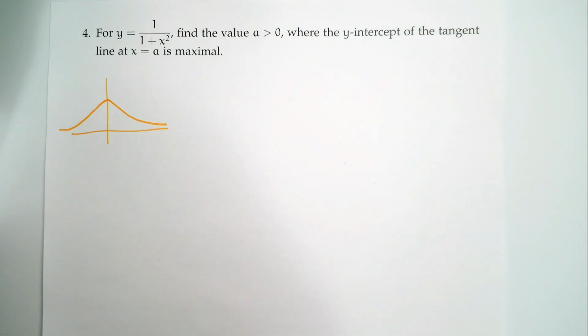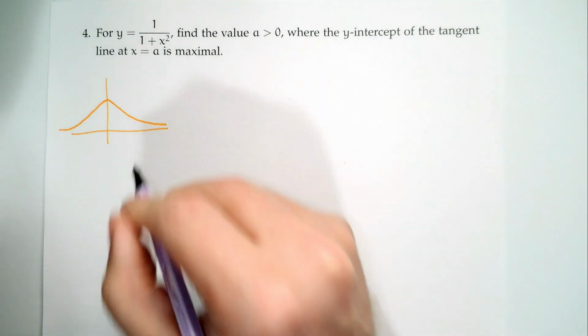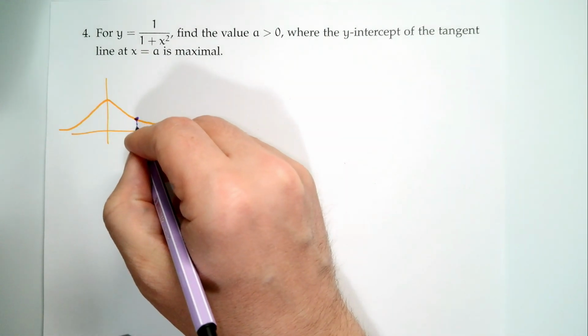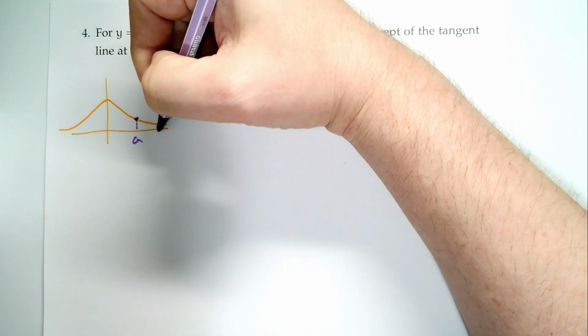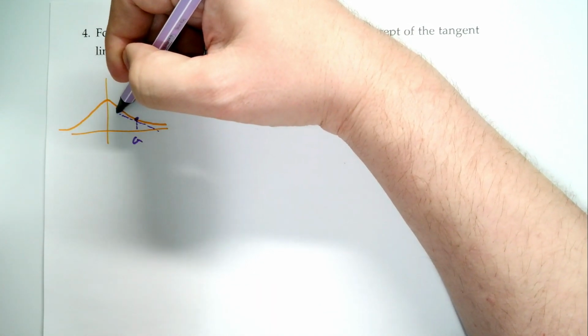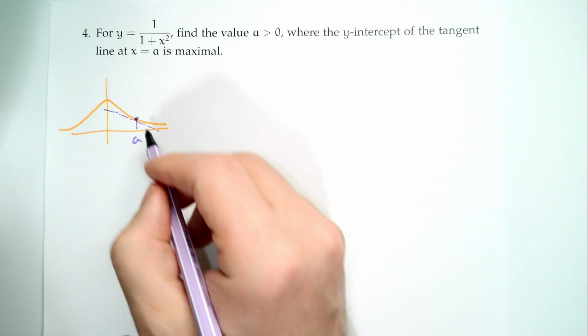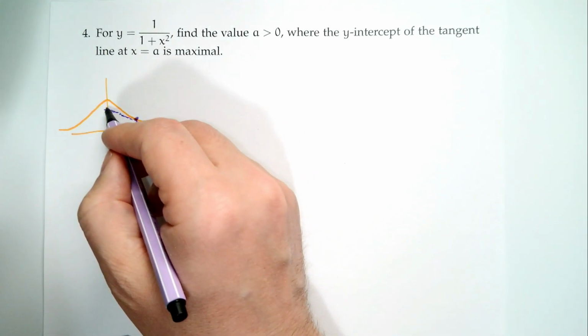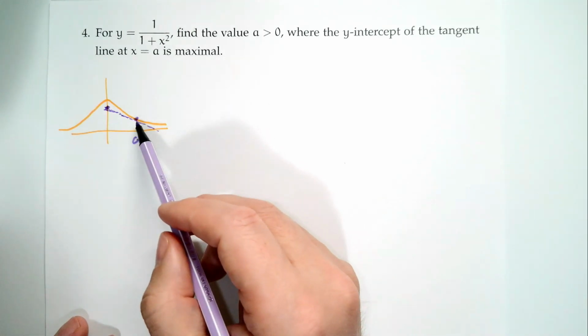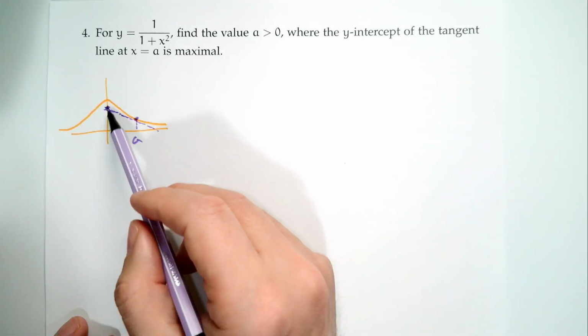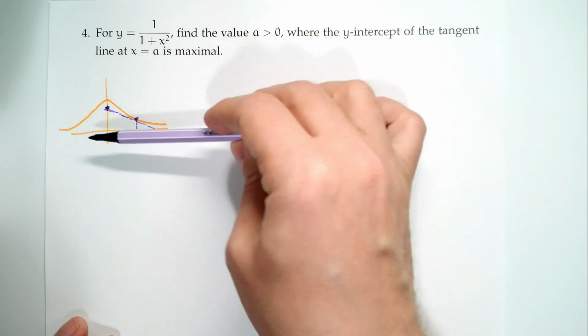And now what's happening? Well, what we're saying is, you come to a particular value. Let's say here's our a, and then at that a, you say, all right, where's that tangent line? And whatever that tangent line is, it's going to hit the y-axis somewhere. Now, the question is, how should we pick a so that this intercept is as high up as possible?